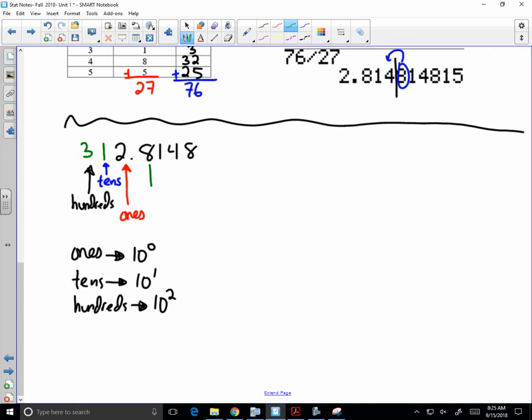And so this guy over here is the tenths place. All right, so it's not the oneths place, it's the tenths place. This is the hundredths place. And so on. Then we have the thousandths.